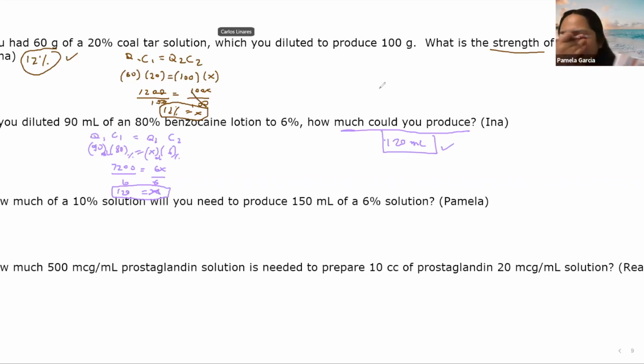Can you walk me through mine, please? Okay, let's do the first thing first. Tell me the formula. Q1 times C1 equals Q2 times C2.